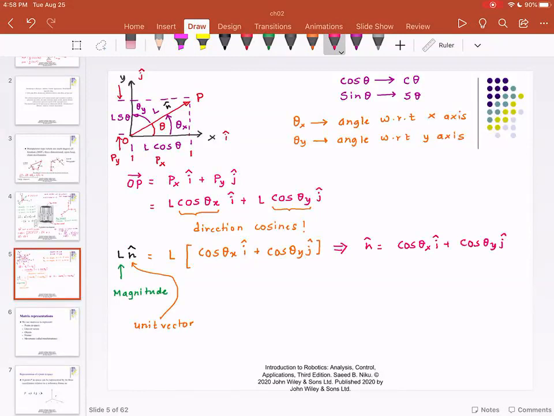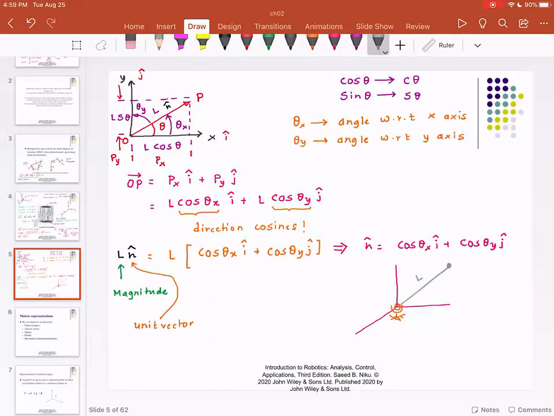Believe it or not, this is an extremely powerful result. Where is this applicable? Consider that you have a manipulator. Imagine a case where you have a spherical joint. We talked about the spherical or ball joint. Now you have a manipulator which is somewhere here.